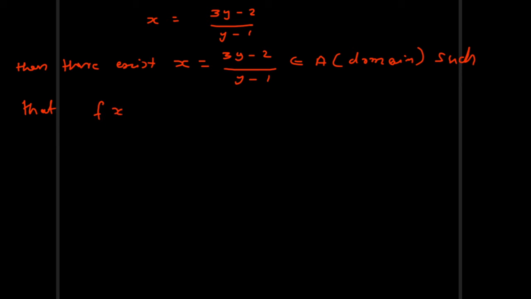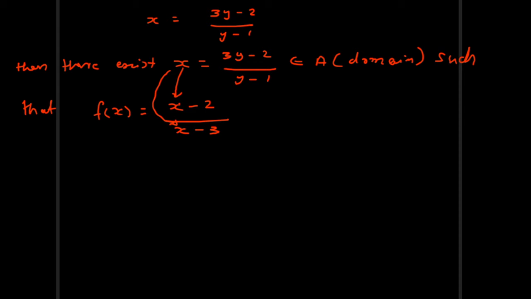f of x equal to, what is f of x? x minus 2 by x minus 3. Here is very important, this x is replaced here. Here x you write, here also x you write.